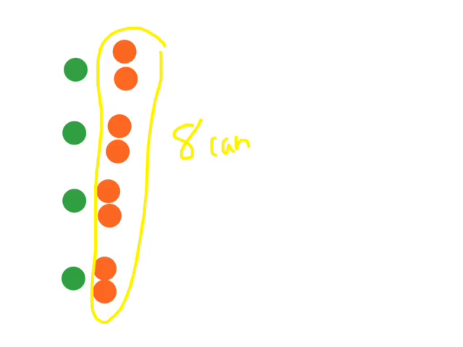And we can see from this diagram, altogether, we will need 2, 4, 6, 8 cans of orange juice for every 4 bottles of ginger ale. And we saw from our table, as ginger ale increases by 1, as x increases by 1, our y values increase by 2. The orange juice increases by 2.